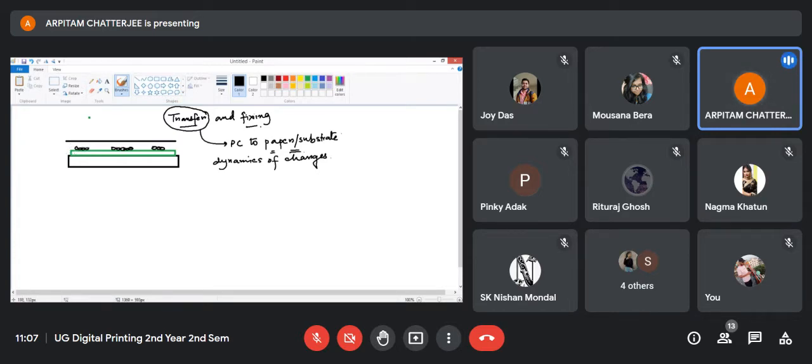Okay. Now this potential over here is generally much more than the potential in these toners, because toners were basically charged by means of static electricity.